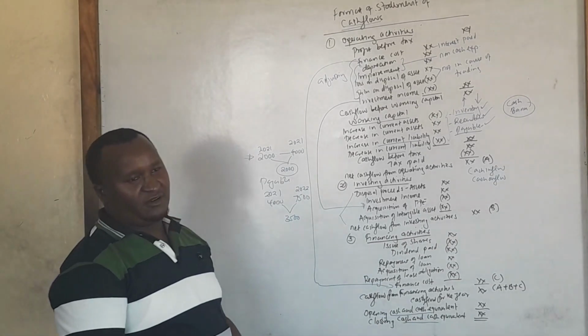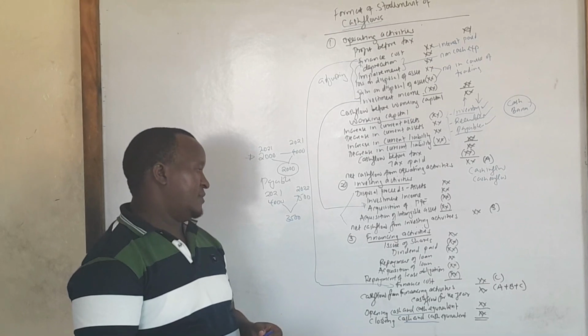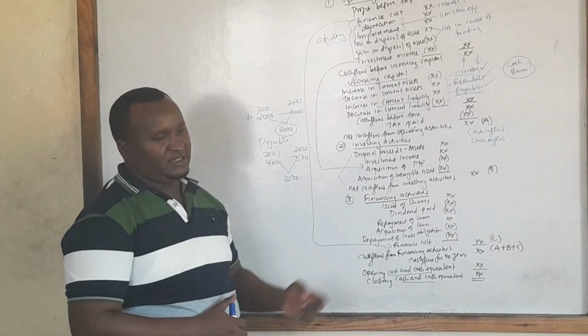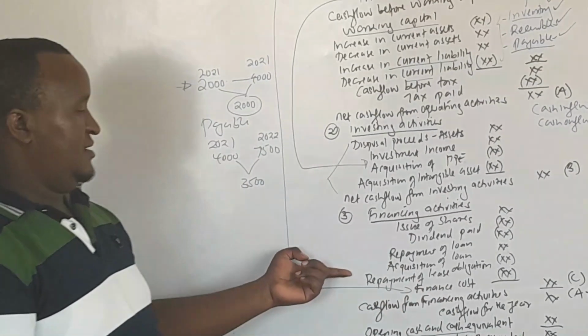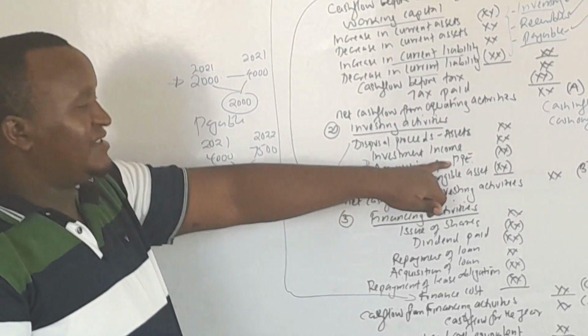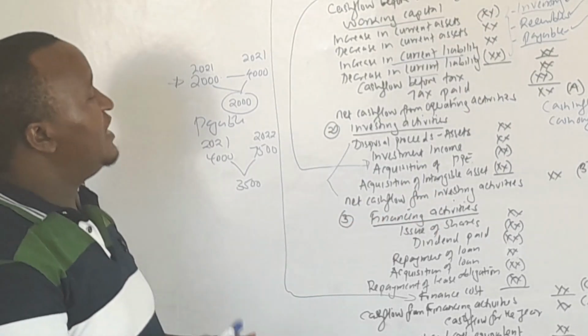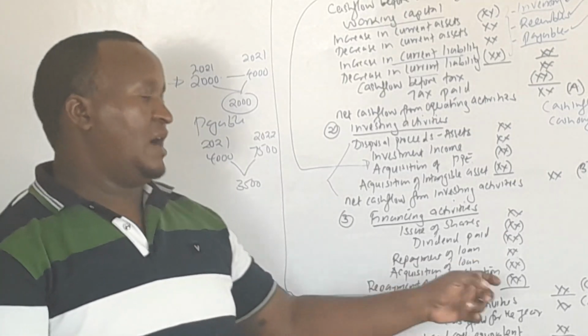When we acquire a loan, it is an inflow. Acquisition of a loan doesn't have brackets. That is an inflow. Repayment of lease: lease obligation means that sometimes we lease the asset instead of buying it in cash. When we lease, we shall be making periodic payments. Those periodic payments will be an outflow.